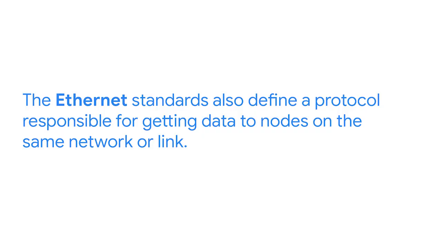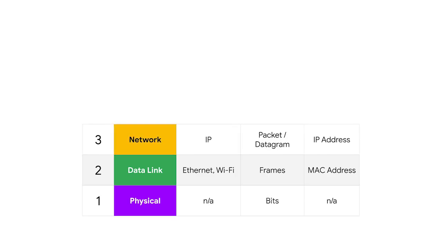Lots of protocols exist at the data link layer, but the most common is known as Ethernet, although wireless technologies are becoming more and more popular. Beyond specifying physical layer attributes, the Ethernet standards also define a protocol responsible for getting data to nodes on the same network or link.